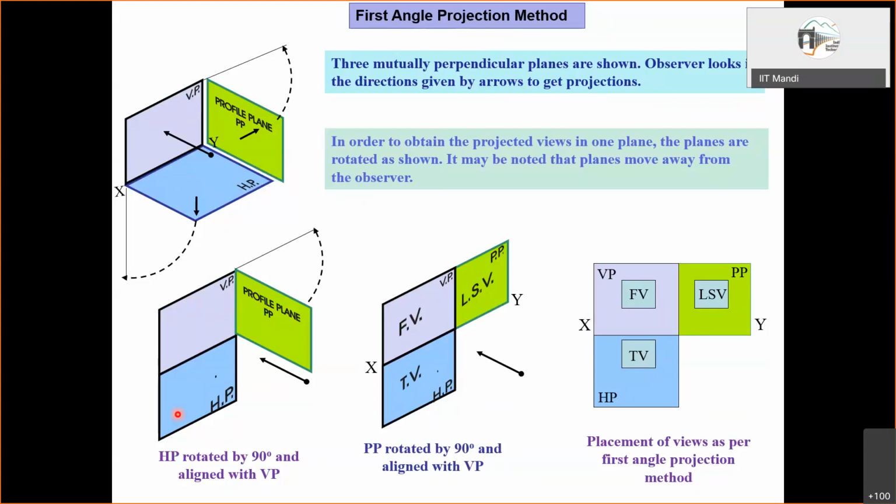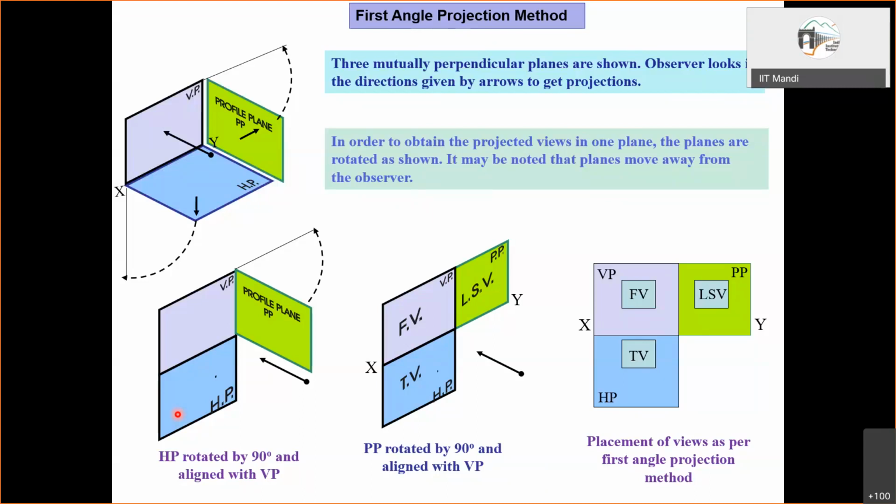Now, next we could imagine that the object is in the third quadrant. If you recall, we had discussed earlier that we began with projections of points, then moved to lines. Until then, placement of the object in any of the planes was considered, and then we obtained the drawings.